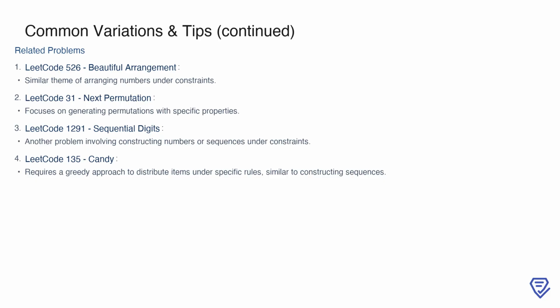Another related problem is LeetCode 1291, Sequential Digits, where you construct numbers or sequences that satisfy given constraints. Lastly, LeetCode 135, Candy, requires a greedy approach to distribute items under specific rules, which is conceptually similar to the alternating pattern used in this problem. Exploring these related problems can help you develop a deeper understanding of sequence construction and optimization techniques.